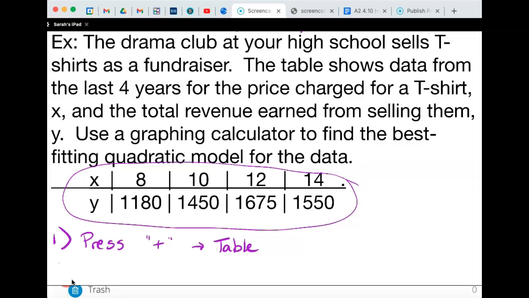Basically, Desmos is awesome. Press the plus sign and go to table, and then get the data. And just like that.